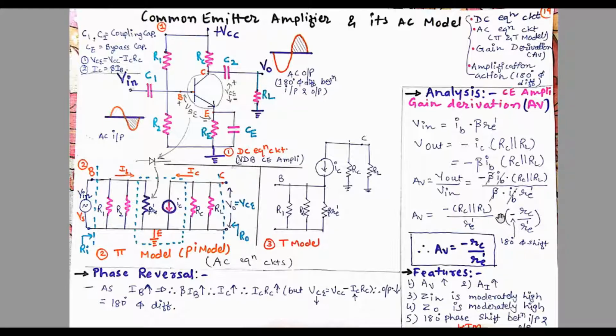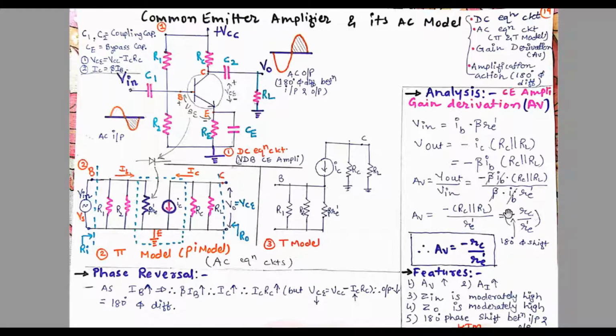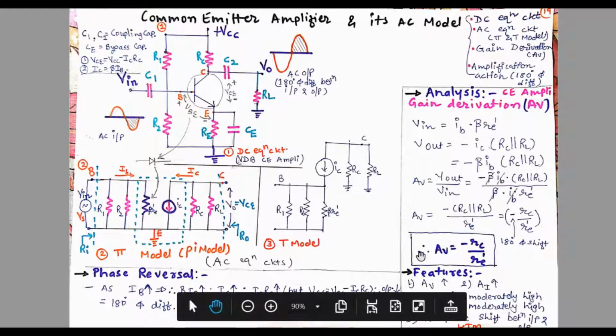So it is minus rc upon Re dash. Again I am repeating, we have assumed the RC parallel RL combination as a small rc, ignoring RL, and the minus sign indicates a 180-degree phase shift between input and output. So this is the final formula of AV, the voltage gain: minus rc upon Re dash.